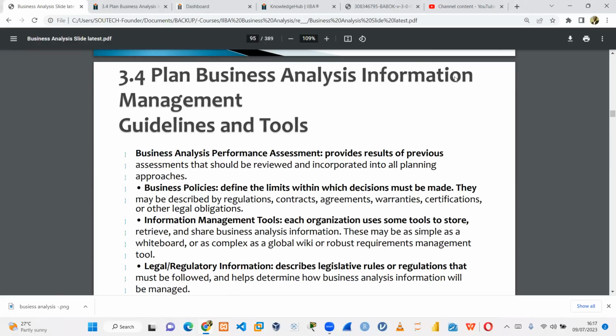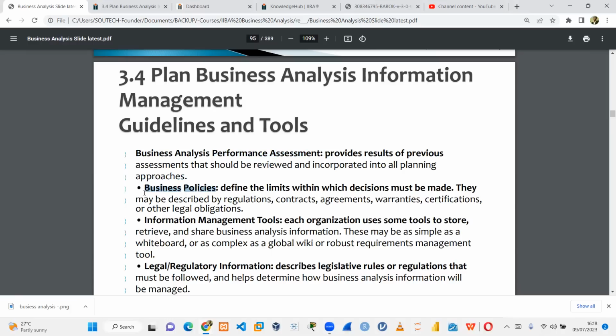What are the kinds of things that you need to be able to do business analysis management? You need some performance assessment. That's how you've done before now. Then some business policies. How do you do your stuff?